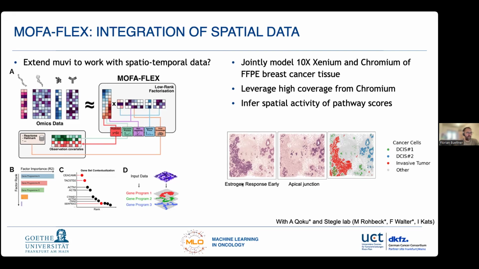For example, the estrogen response early pathway delineates cancer cells from normal tissue, where you can see a high activity of this pathway in areas that are cancer cells. And the apical junction pathway has a high activity for non-invasive tumor cells, shown in this subplot here.